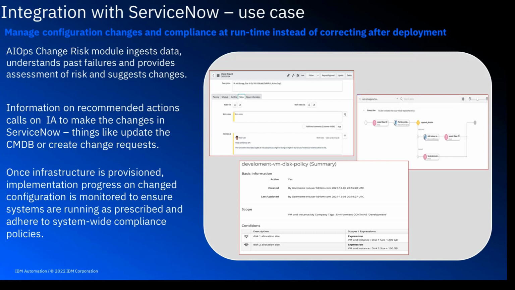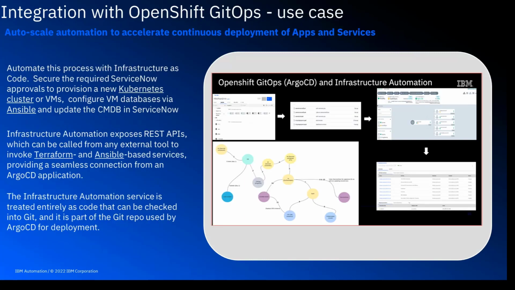And based on the approval given by the ServiceNow user, infrastructure automation can close the loop and carry out that automation task if the risk is sufficiently low. So now you have the end-to-end flow from provisioning requests to scoring the change risk to carrying out the actual provisioning operations and updating the CMDB. So that's one use case.